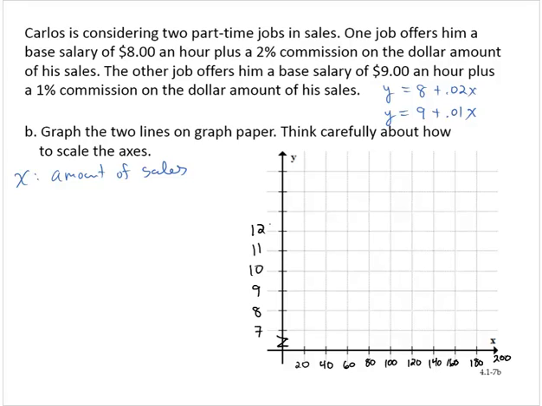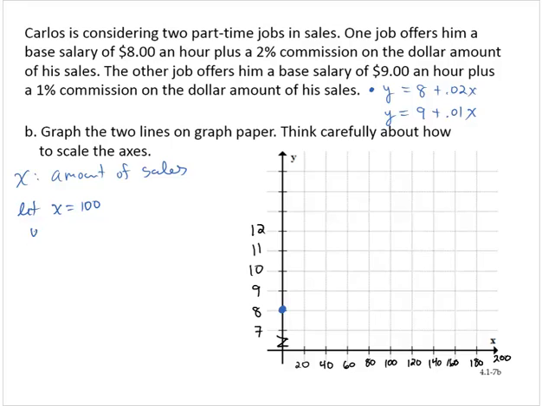Alright, so now for the first equation, which I will plot in blue, I know I have a y-intercept of 8, and then 2% of the sales. Just to make the arithmetic easy, for our first equation, I'm going to let x equal 100.